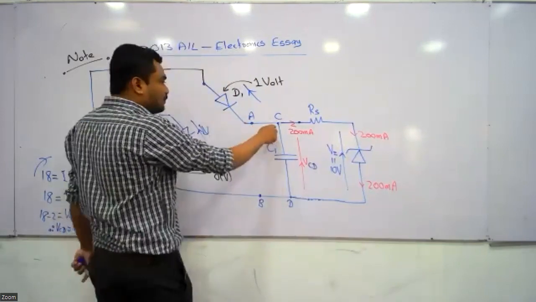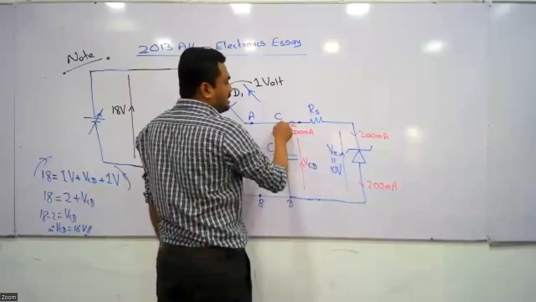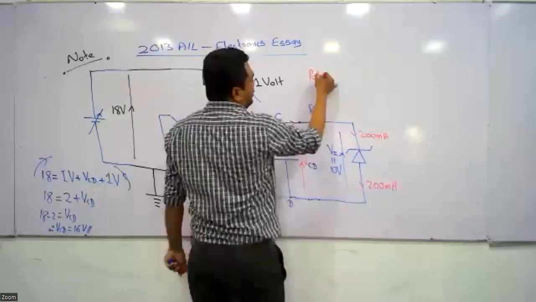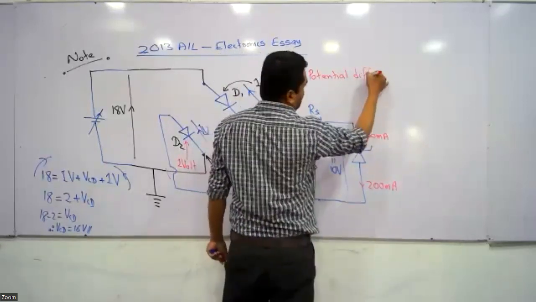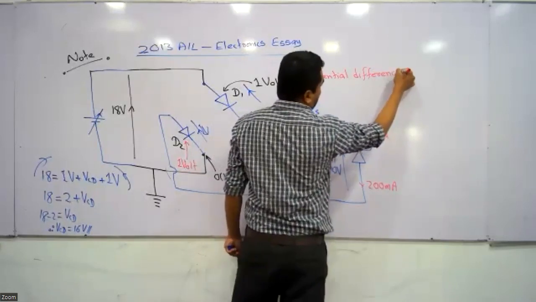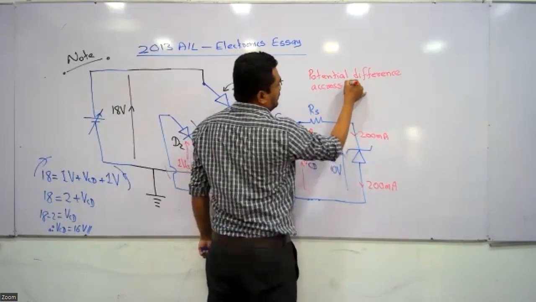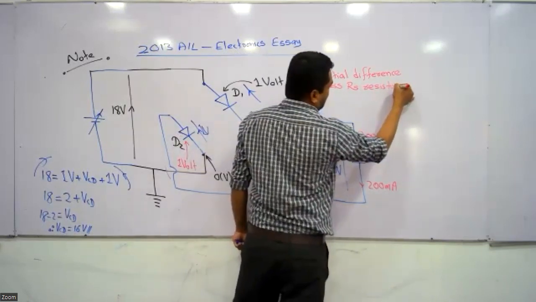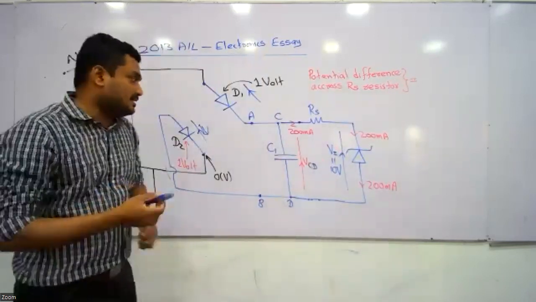So potential at this point is 16, potential at this point is 10 volt. Now what is the potential difference across the RS resistor?